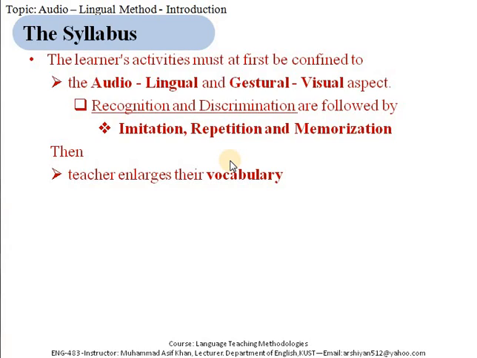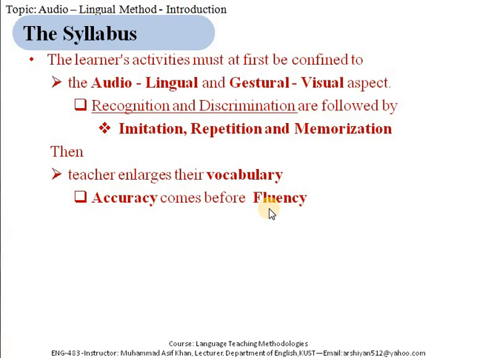When one is thoroughly familiar with sounds, arrangements and forms, they can focus their attention on expanding their vocabulary, and afterwards they concentrate upon gaining accuracy, and that is done before striving for fluency.